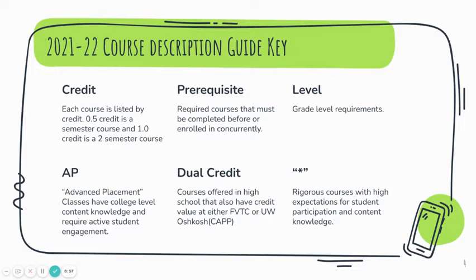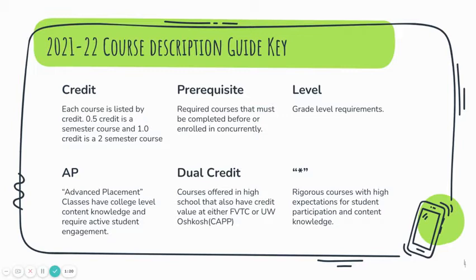All of the classes have grade level requirements. Some will have 9, 10, 11, 12. Some will be narrowed down to 10, 11, 12. It just depends. Some will have AP or advanced placement designation. These classes have college level content knowledge and require active student engagement.